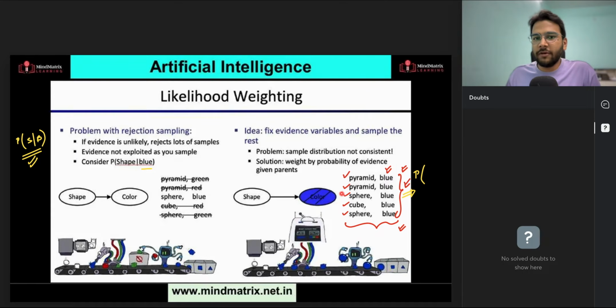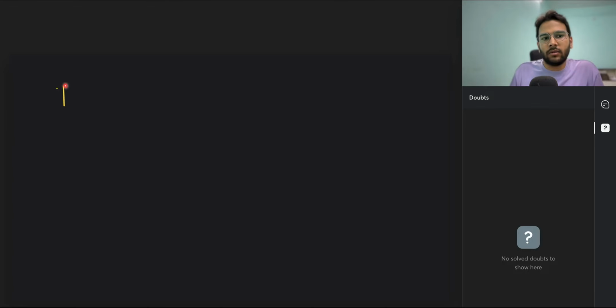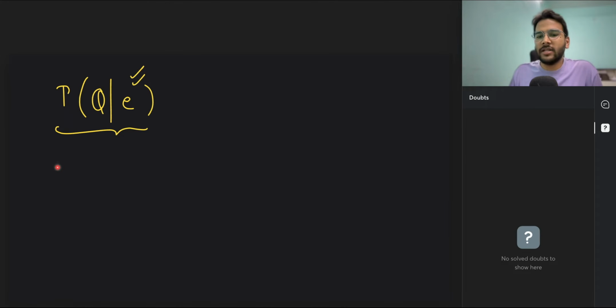But now once we are fixing this evidence variable, we are trying to find out this. Is this clear? Evidence given query, right? I hope you know this. Maybe I have covered this before. We write this, right? Query given evidence. So we have some query and we have already some evidence given to us.